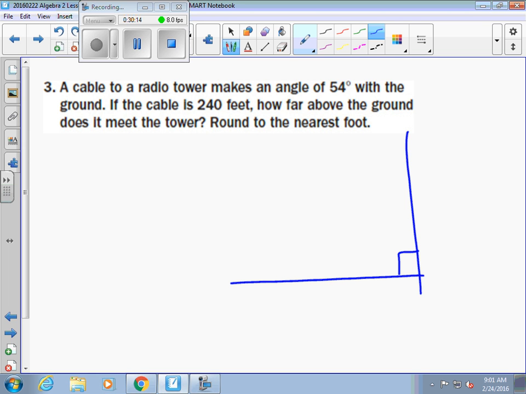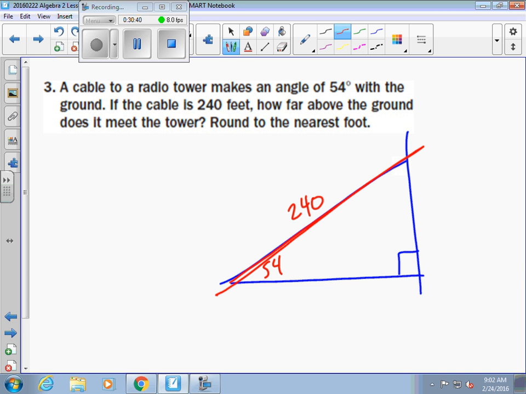So this angle here is going to be 54 degrees. If the cable, this here, is 240 feet, how far above the ground does it meet the tower?